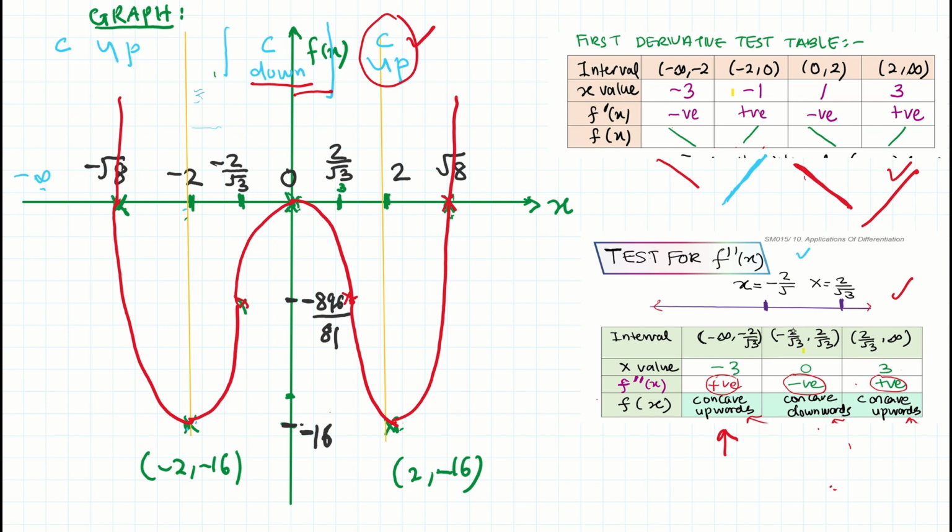You cannot draw a graph with a straight line without considering the concavity. When the graph is increasing and the concavity is up, it is like this. If the graph is increasing and the concavity is concave down, the shape is like this. This one is concave down, this one concave upward. Understand?